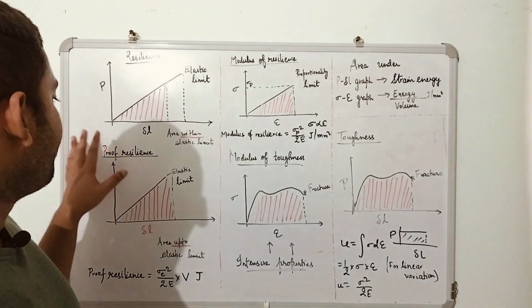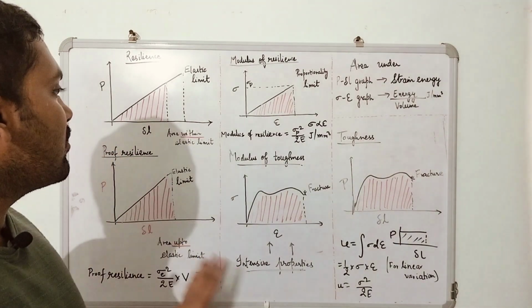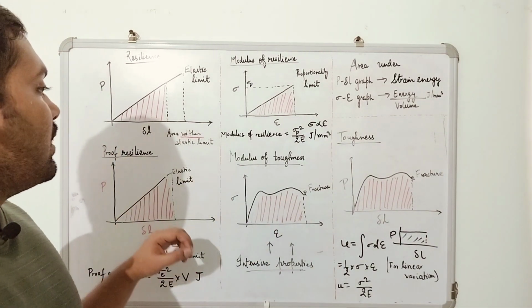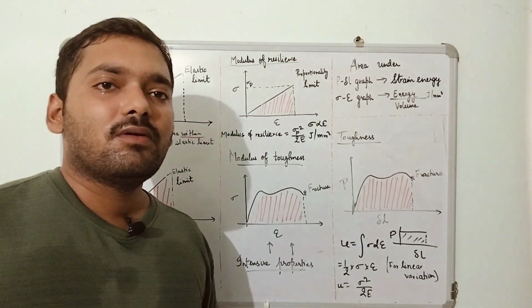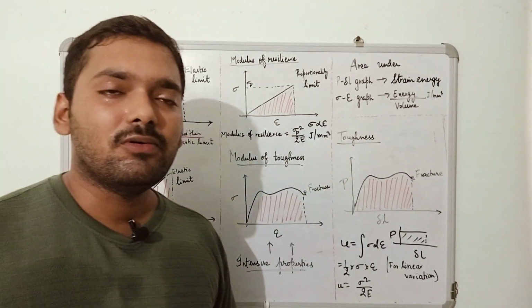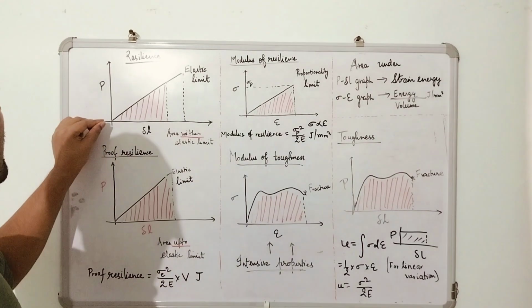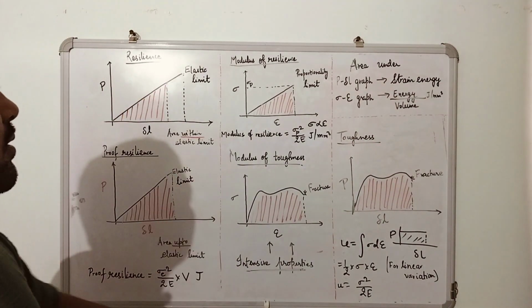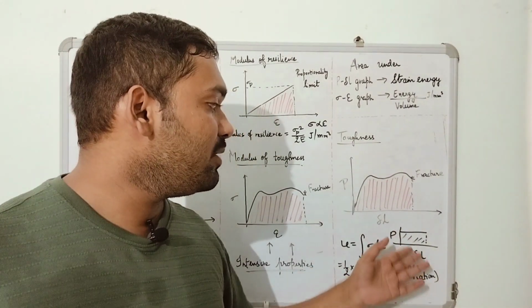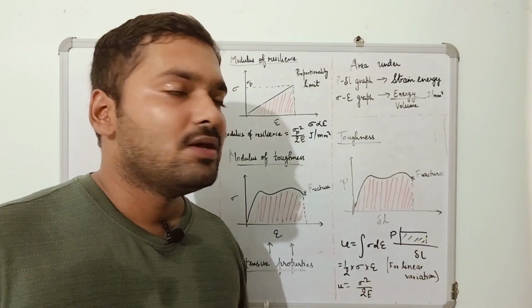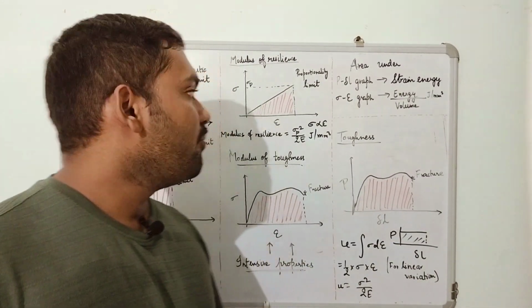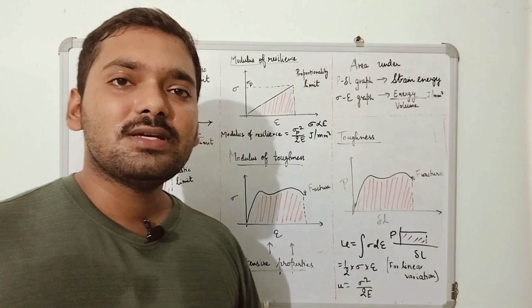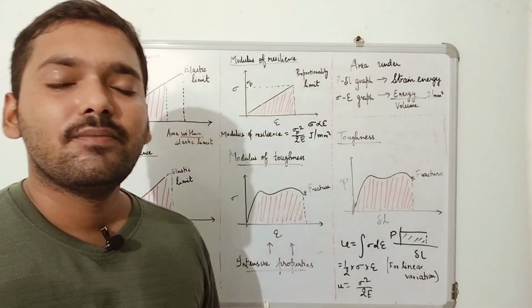So all the concepts I have explained, and these graphs can vary by varying the type of load. Suppose here we are applying a gradual load, but it can be a sudden or impact load also. So these three graphs can change with the type of load, but these two graphs can never change in any case.